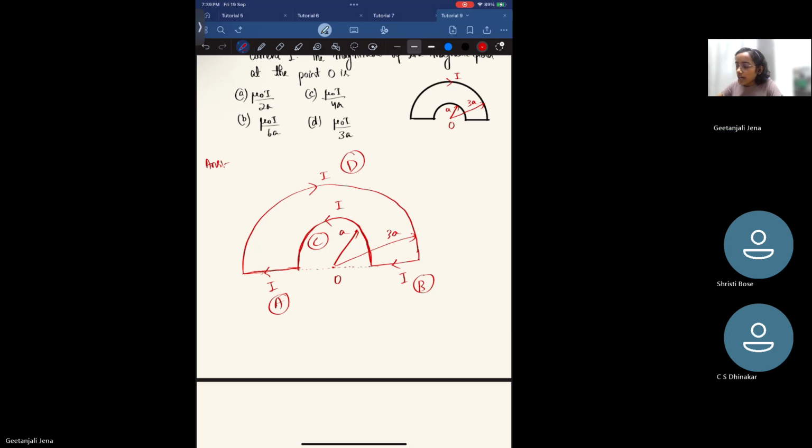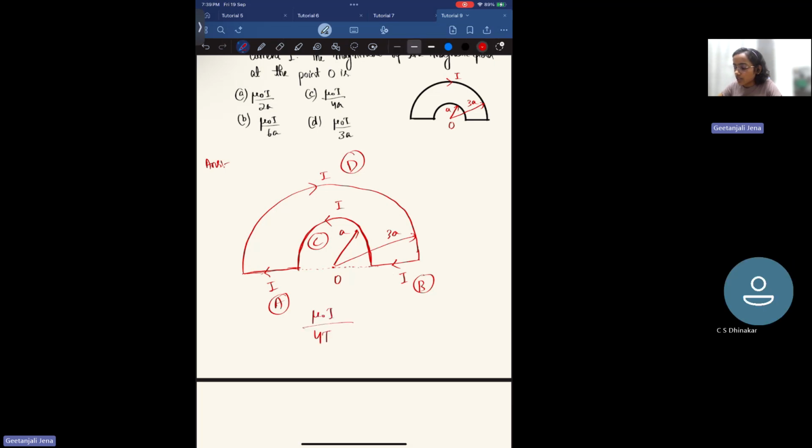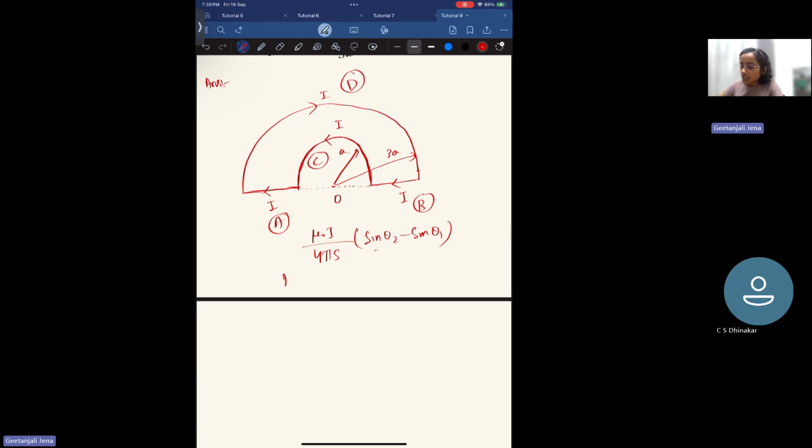For a wire, if you recall, B is mu naught I by 4 pi r times sine theta 2 minus sine theta 1. If it is along the same line, this angle is 0, which means there will be no magnetic field. So B due to A and B is 0.